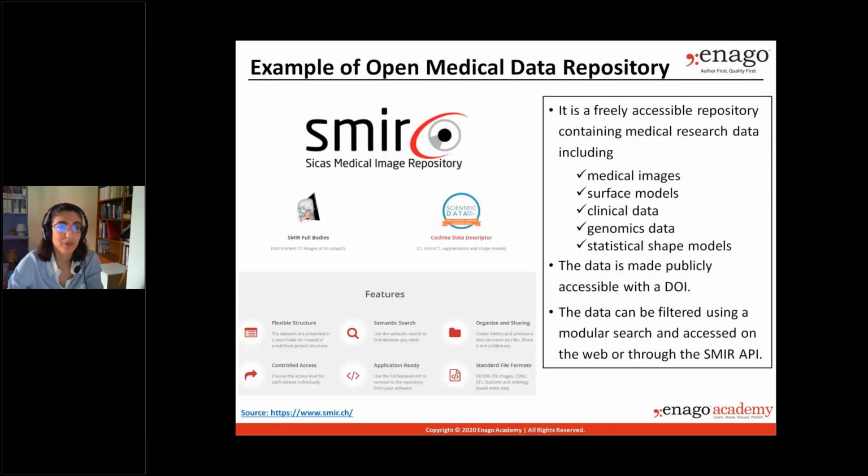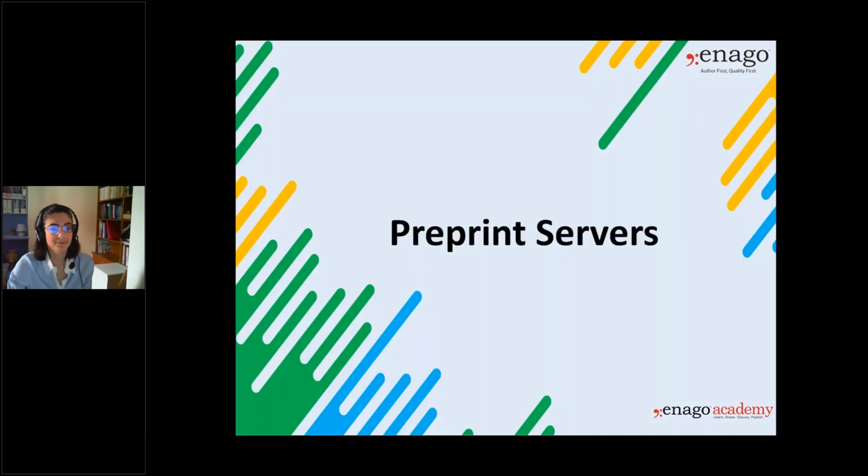An example of an open medical data repository would be the SICAS medical image repository, which is a freely accessible repository containing medical research data such as medical images, surface models, clinical data, genomics data, etc. All this is made publicly available using a DOI number, so the identifier for the specific set of data that you are submitting every time.